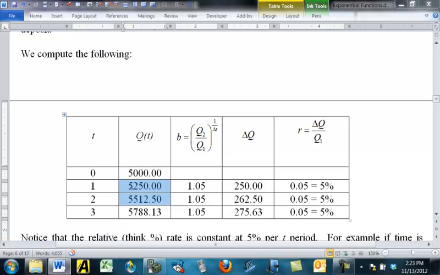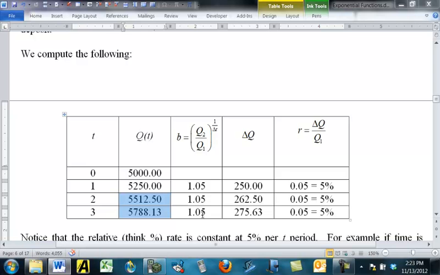Notice we're dividing by not the original amount at time 0, but the original amount at the beginning of the year. So we're dividing $5,512.50 by $5,250, and again you get 1.05. And same for the last. Now some of these may be rounded off slightly, but it's 1.05 to several digits. So that means the base is constant. We're multiplying each year by 1.05.